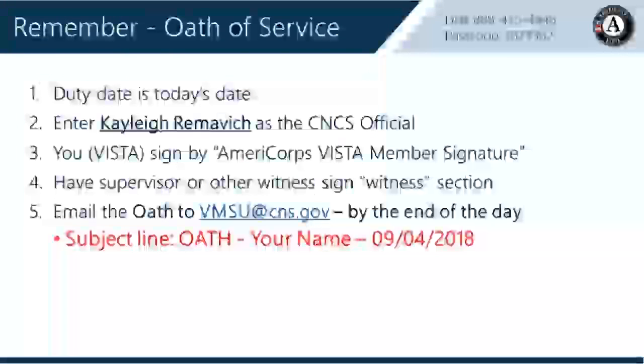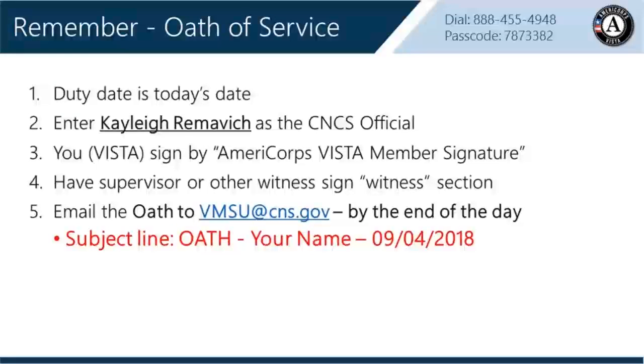All right, to summarize. First, you need to put today's date as the date entered on duty. That's 09-04-2018. You need to list my name, Kaylee Ramovich, as it's spelled on the slide, as the CNCS official. Then you, the VISTA, need to sign by the AmeriCorps VISTA member signature and date it at the bottom of the page.